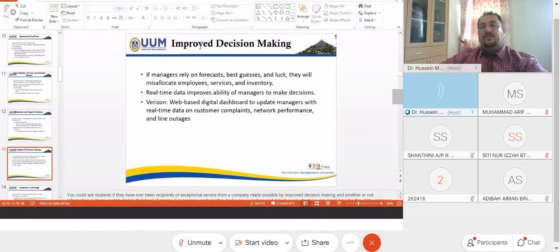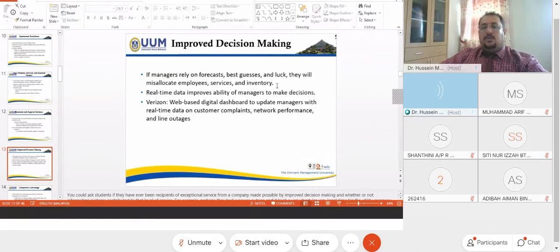This objective number four is to improve decision making. In this issue, when the managers just make a decision without accuracy and they depend just on forecast or based on their best guesses or based on luck, they will misallocate employees and service and inventory.